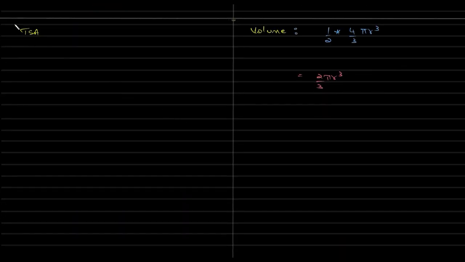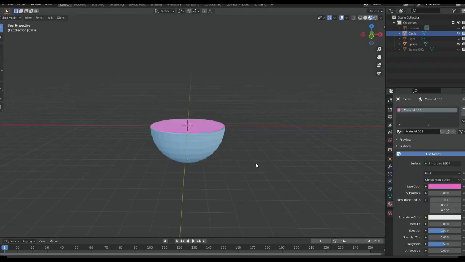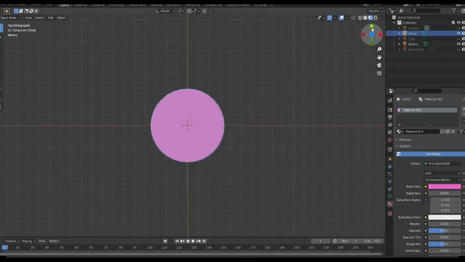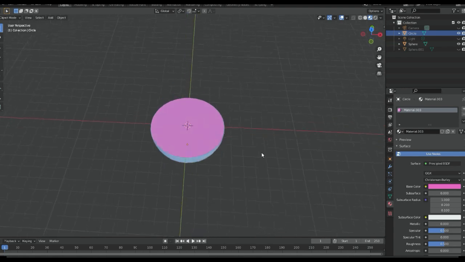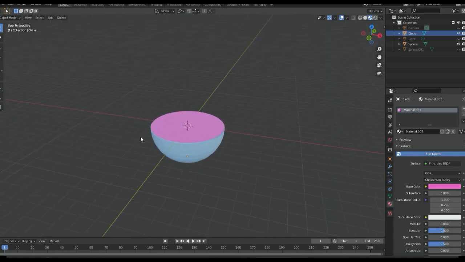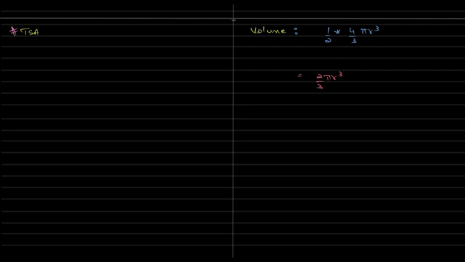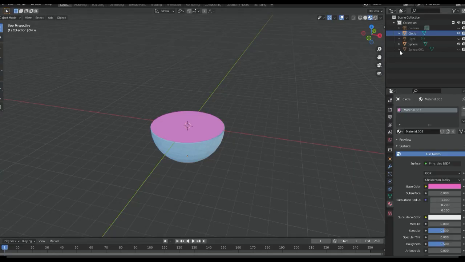Next, total surface area. Why are we talking about total surface area over here? Because it has a flat surface, right? This is your flat surface. Can you see that? It's very clear. So we need to talk about the total surface area. It is nothing but the curved surface area of the hemisphere plus the top or the base, whatever you want to call it. So what is the structure of this top or the base?